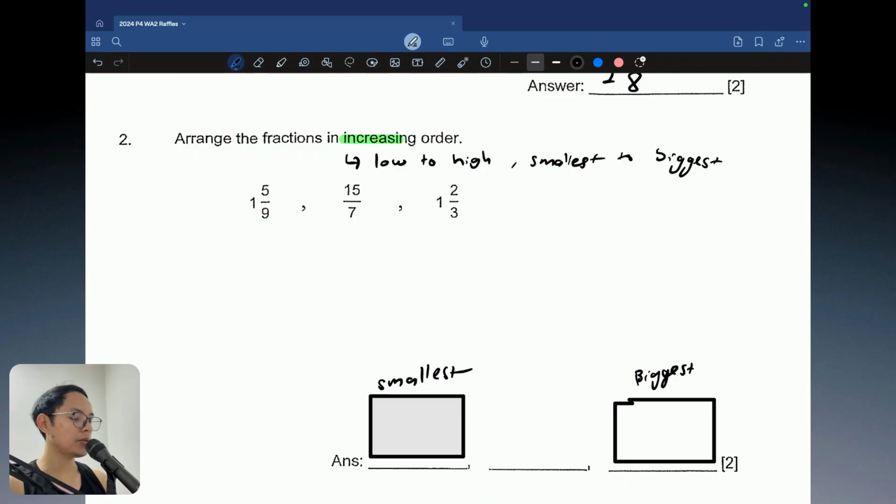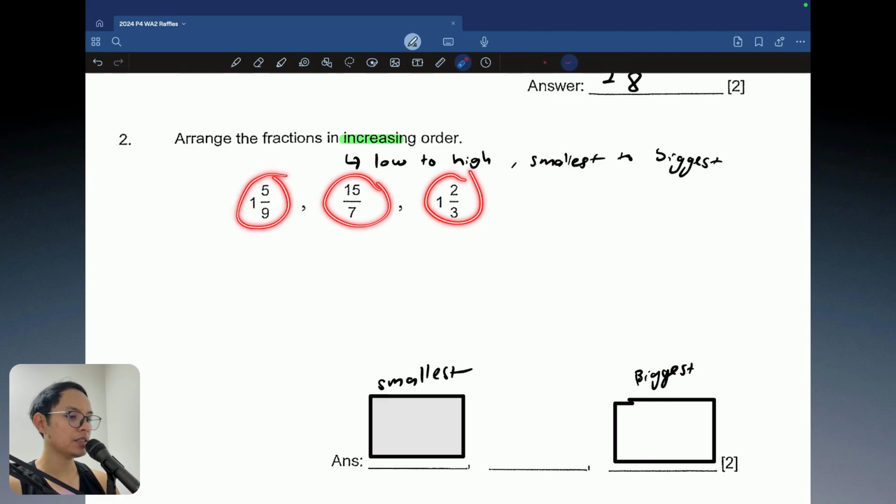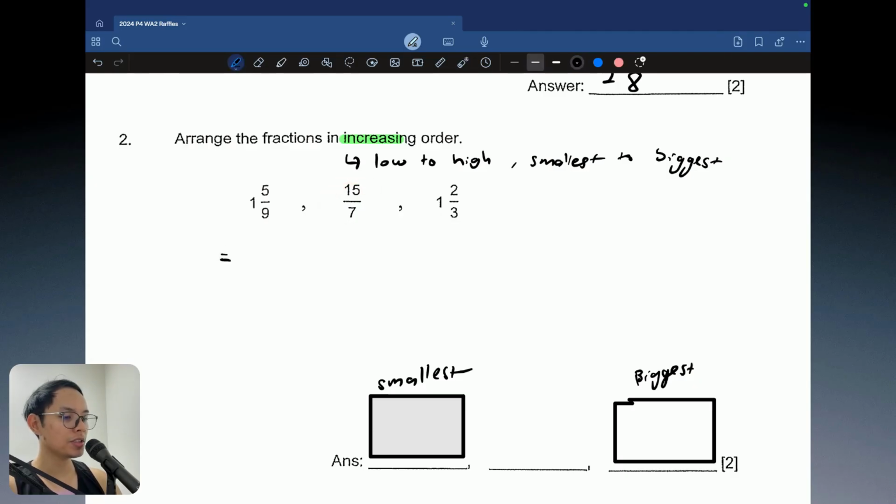Okay. So out of these 3 fractions, which is the smallest? You might be thinking, oh, is it 15 out of 7? No. So you need to make sure that you want them to be in a form that you can compare. So 15 out of 7 over here is an improper fraction. So we need to make it into a mixed number.